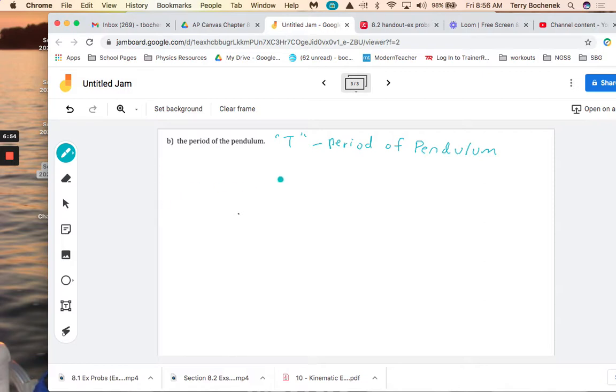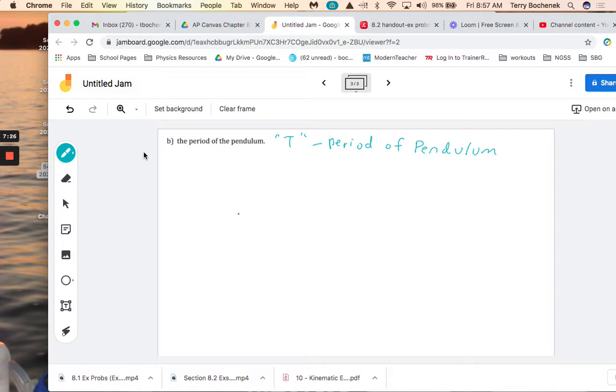Here, capital T is usually used in things that repeat themselves with a regular periodic, meaning repeated motion. It happens in the same time frame over and over again. The moon orbits the Earth once every 27.8 days or something like that. So that's a regular periodic repetition with a given period of time between each repetition. And so capital T stands for that in general.